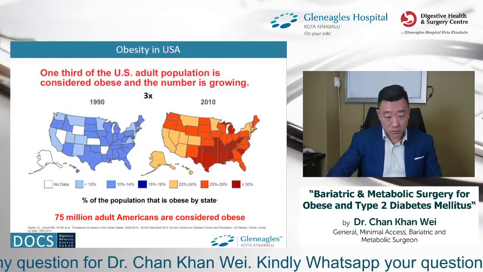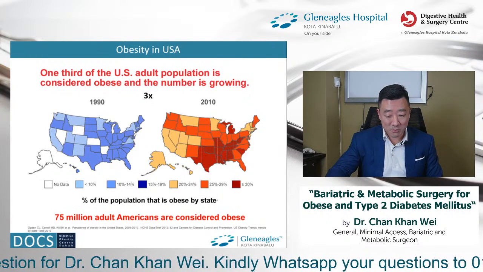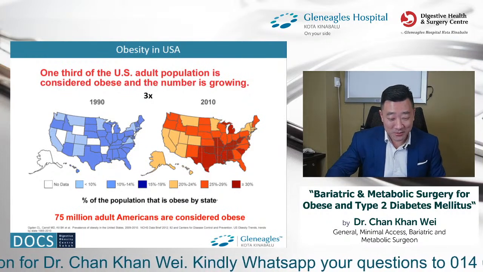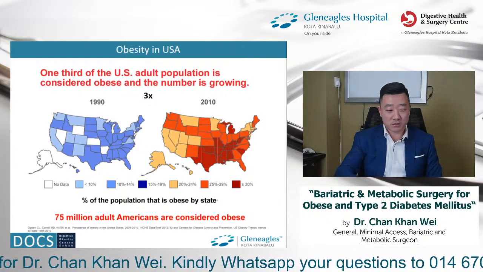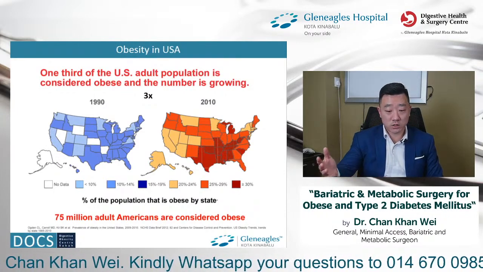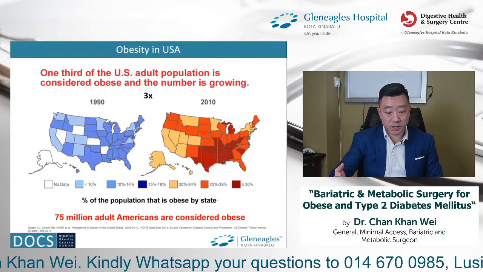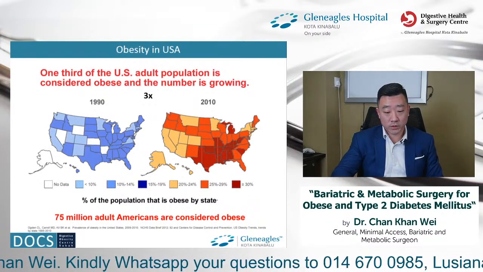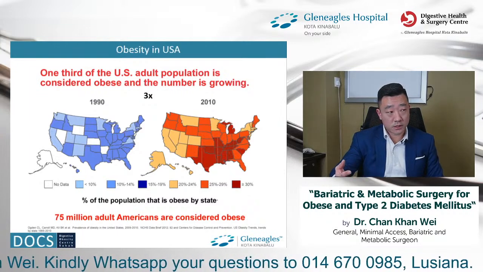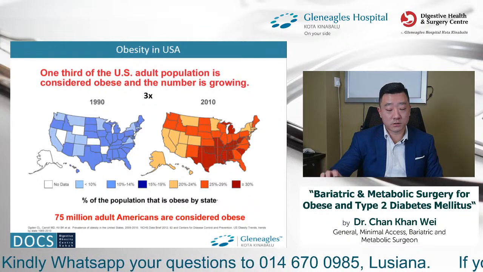Okay, so I'd like to show you the first slide. This has nothing to do with the US election, but this is about the rate of obesity rise from 1990 to 2010. In the span of just 20 years in US, the obesity rate has risen by 3 times fold, and at the moment we are talking about nearly 45% of the population are overweight and obese.